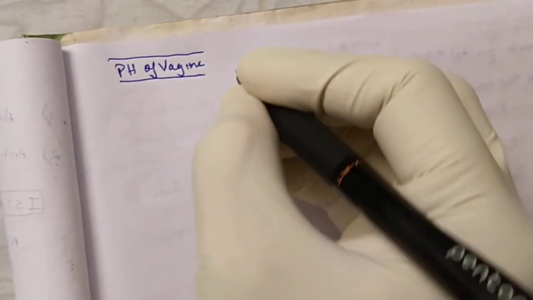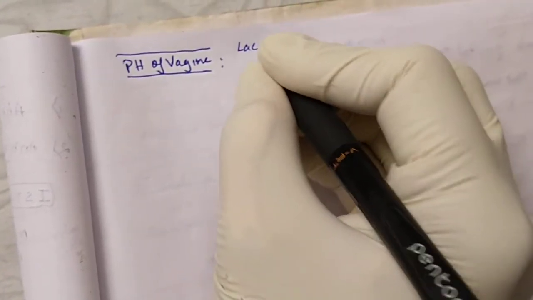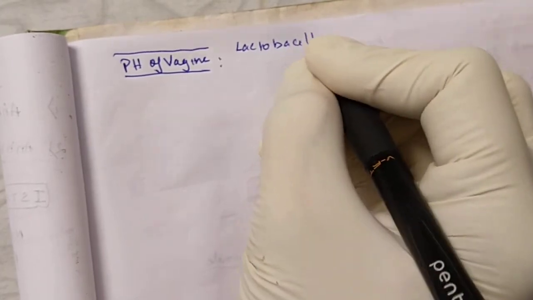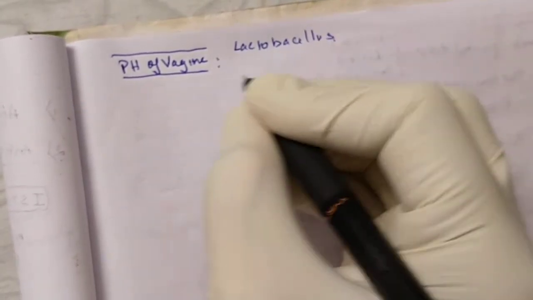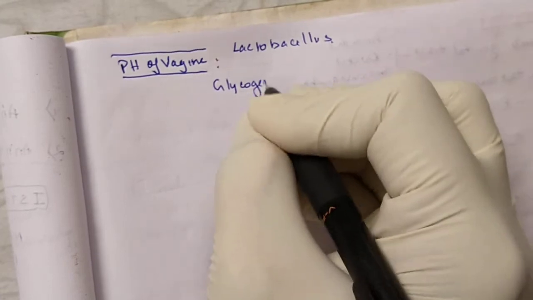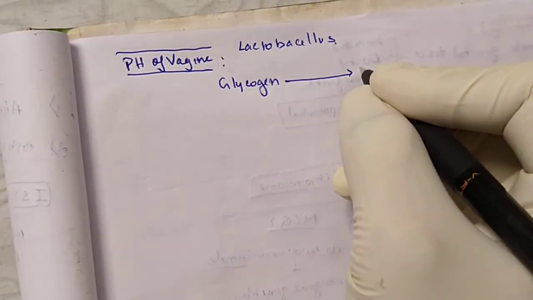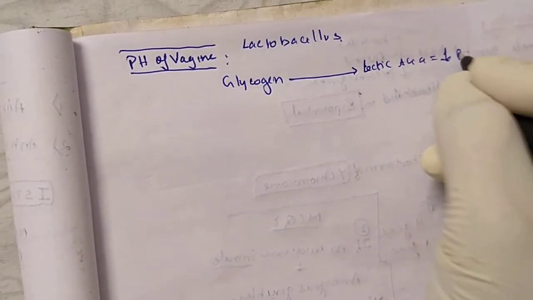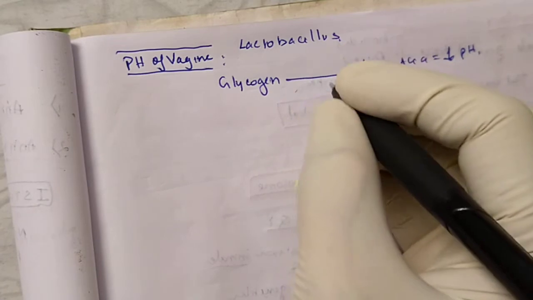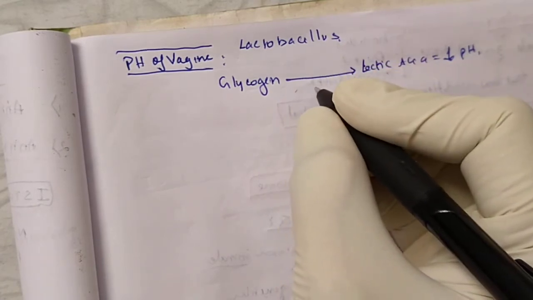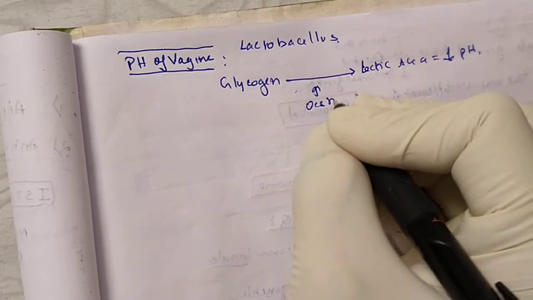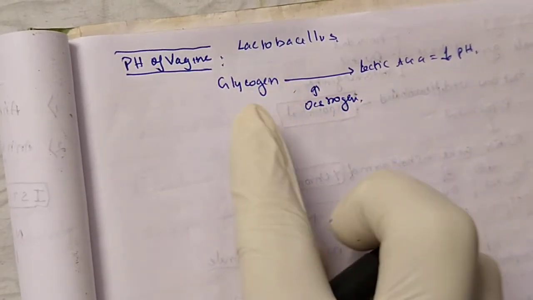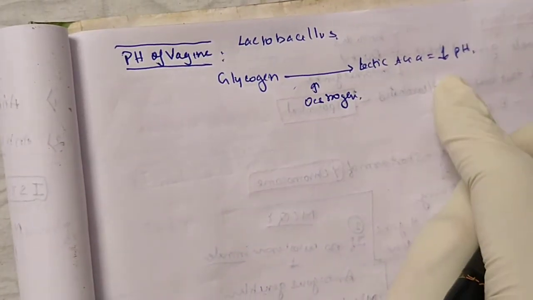So pH of vagina is maintained by lactobacillus or Doderlein bacilli, which helps in conversion of glycogen to lactic acid, which decreases the pH. There is one more hormone that helps in conversion, estrogen. Estrogen also helps in conversion of glycogen into lactic acid to decrease the pH.